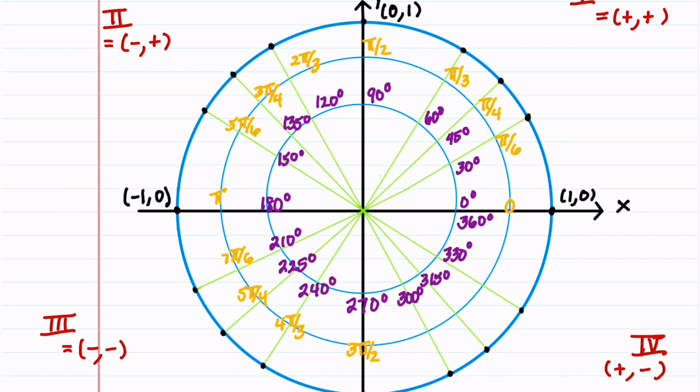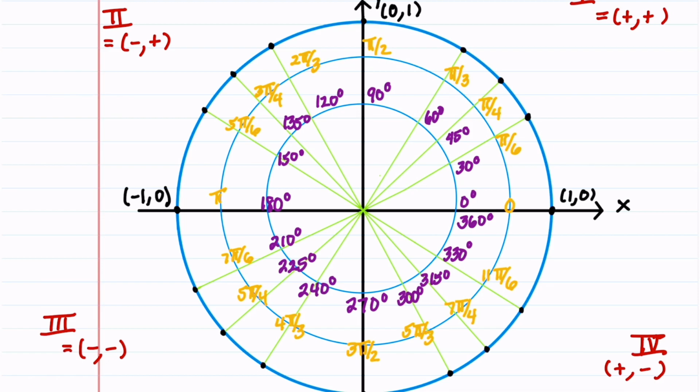We're going to start with 3 pi over 2 and add pi over 6, and we get 5 pi over 3. 3 pi over 2 plus pi over 4 gives us 7 pi over 4. And then 3 pi over 2 plus pi over 3 gives us 11 pi over 6. In the next video, I'll show you a little bit easier way to be able to memorize this.